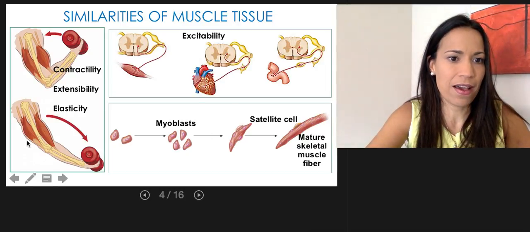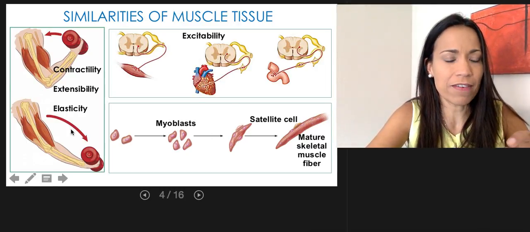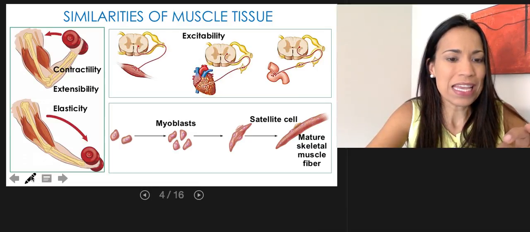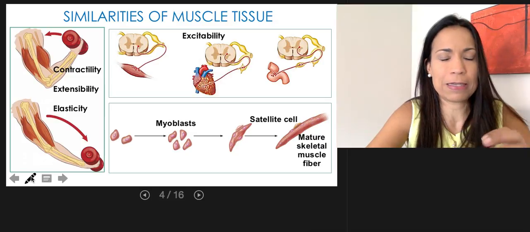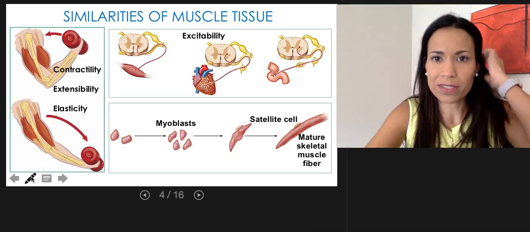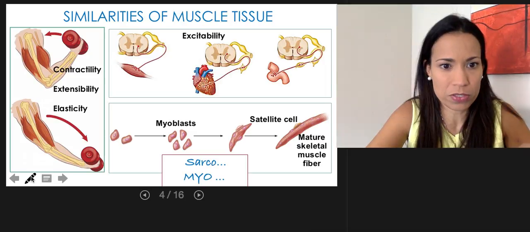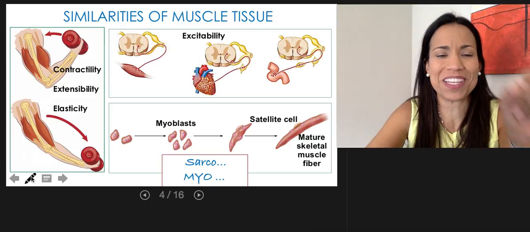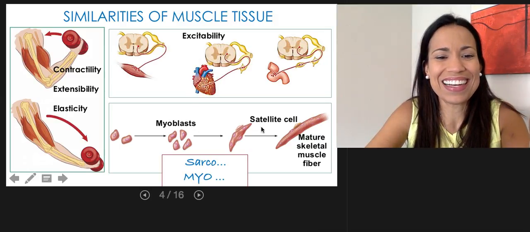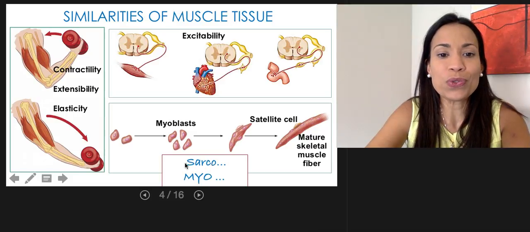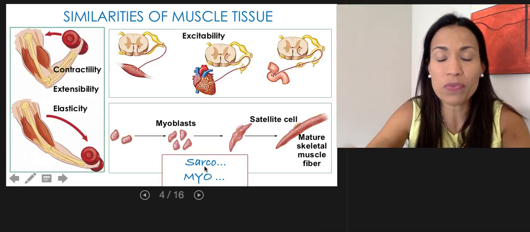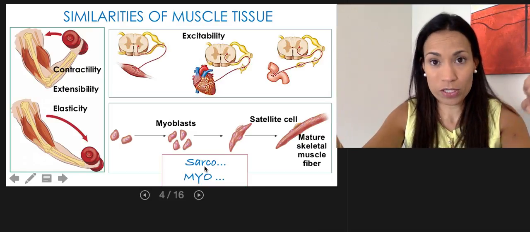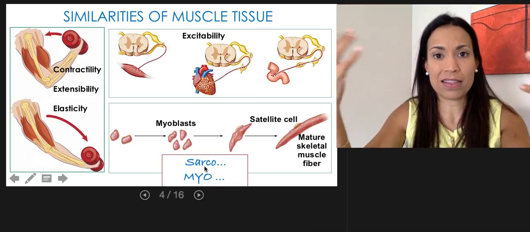Now, I want to take advantage of this illustration here on your left to explain two important concepts about skeletal muscles. Before that, I forgot one more thing that is common to all the muscle cells: we are going to use the prefixes sarco and myo to refer to certain parts of the muscle cell and the muscle.